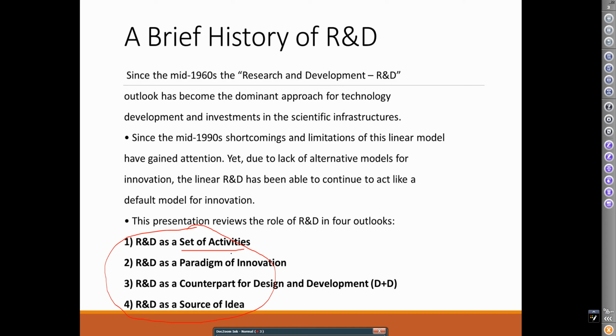So it means that if the company chooses this approach, this outlook, R&D as a set of activities, we have to define all these activities and manage them step by step. The second outlook, when we recognize the research and development as a paradigm of innovation, it means that the innovation becomes the major goal of our business. So all our processes focus on the innovation development.